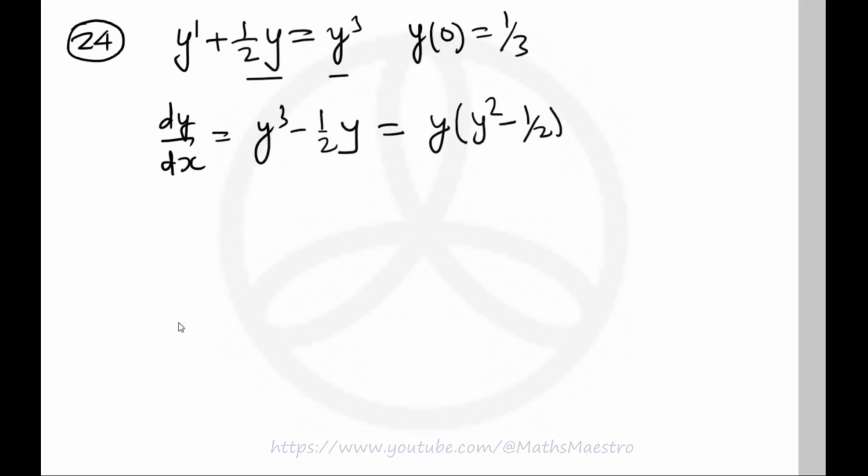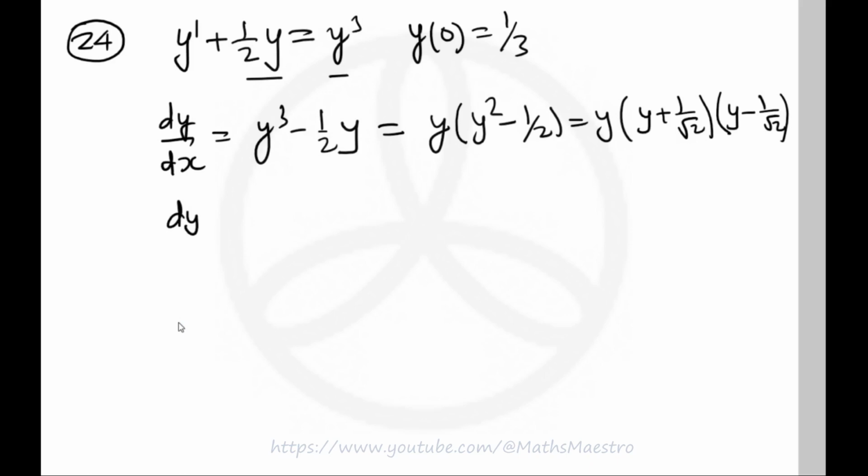This can also be fragmented into two portions, and it can be written as y minus square root of 2 times y plus square root of 2. Now in case of variable separable, we will write all y portion with dy.